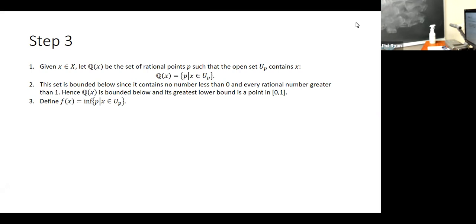Again, because by our definition, if P is a rational number greater than 1, then U_P is the whole set X. Okay. So because of this, we've got a set which is bounded below and whose greatest lower bound is a point in [0, 1]. So that's our function. So we're just going to define f(x) to be the inf of the P's such that x is in U_P.